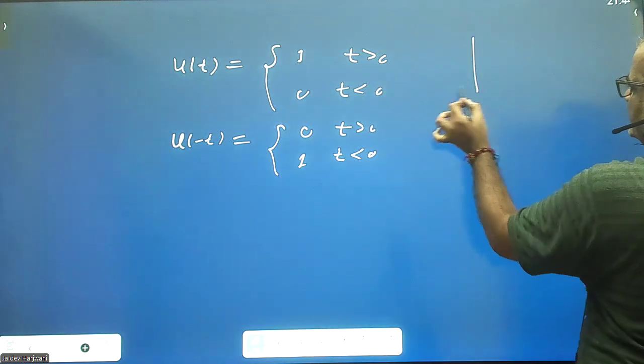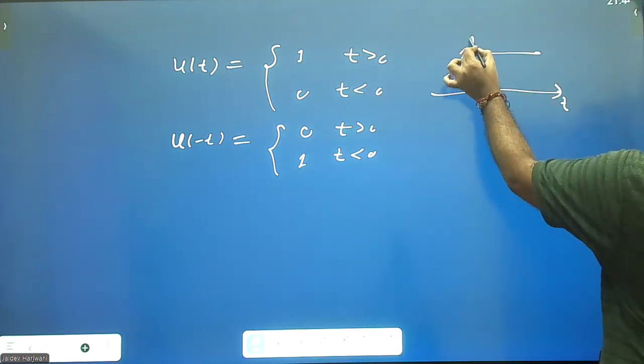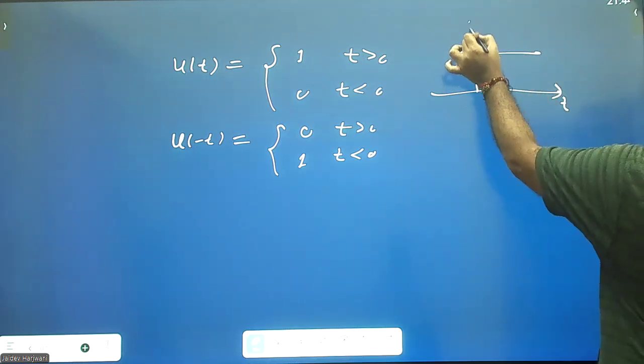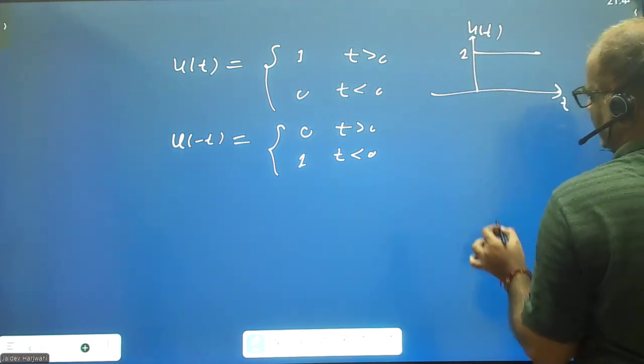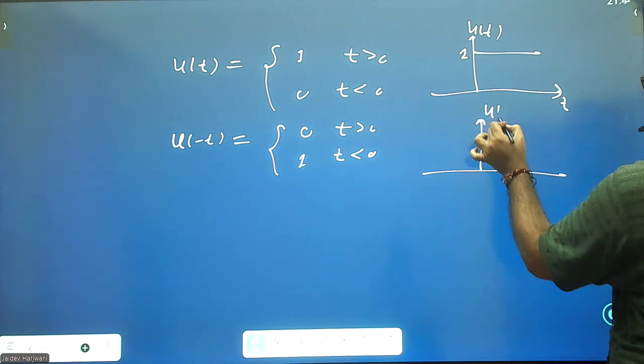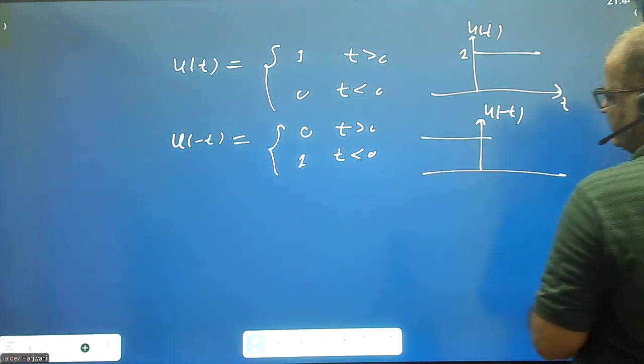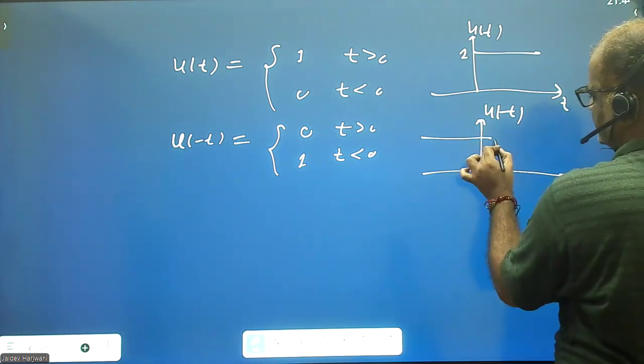So this function is like this, and if I plot u(minus t), it is like this. So this side it is 1.